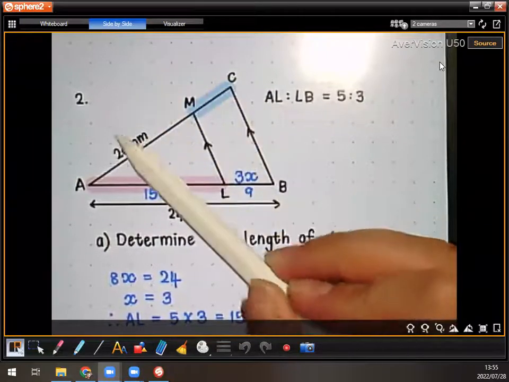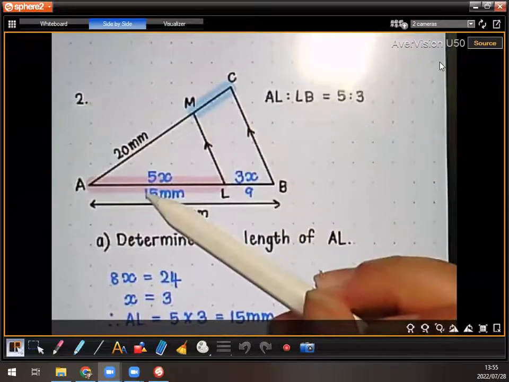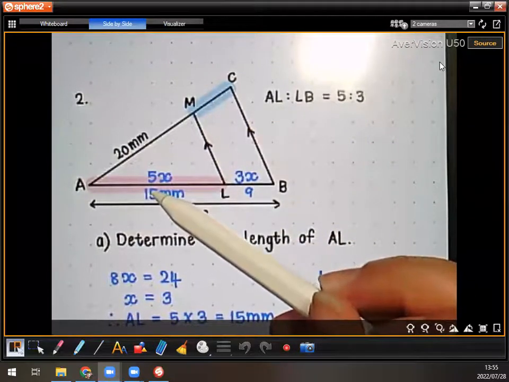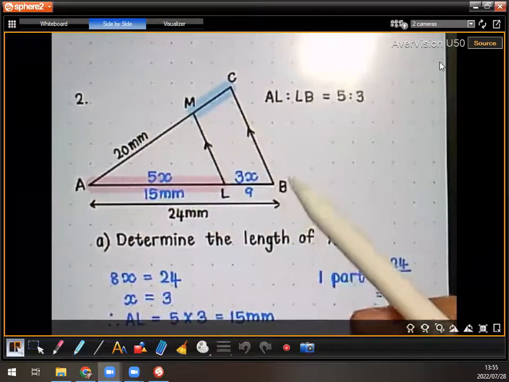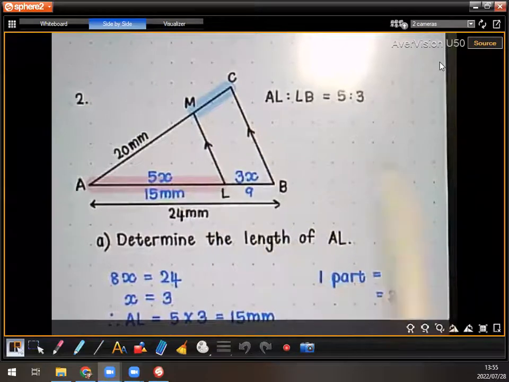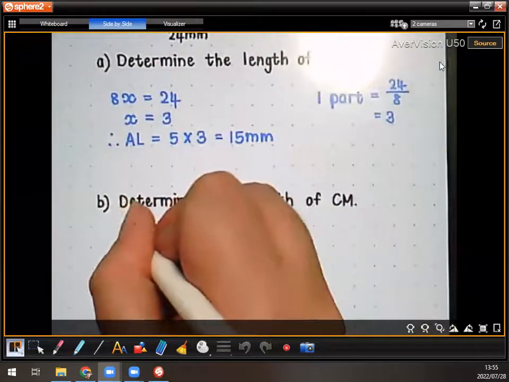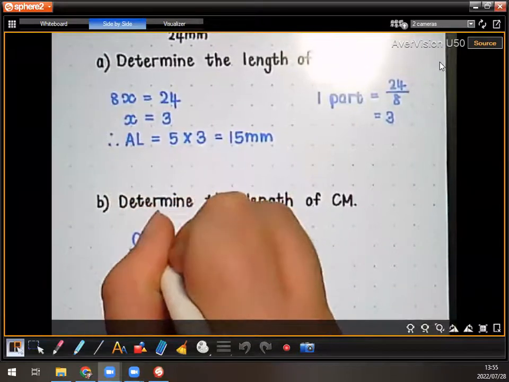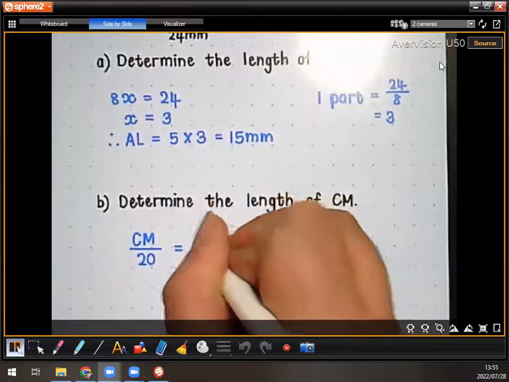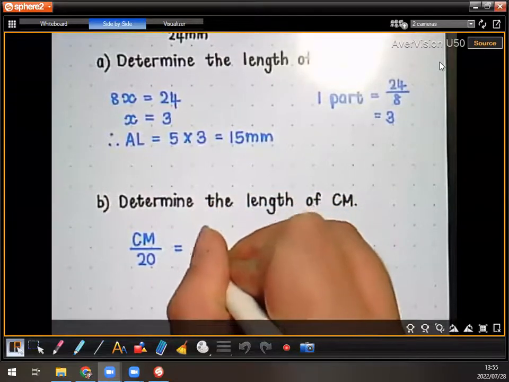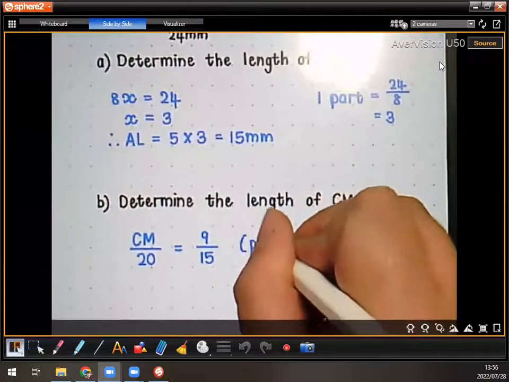CM over 20 is equal to 9 over 15. Proportionality theorem.